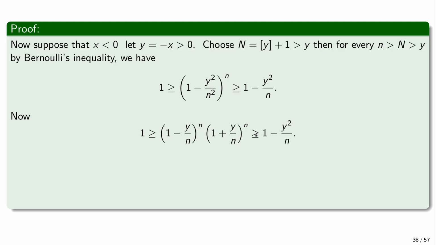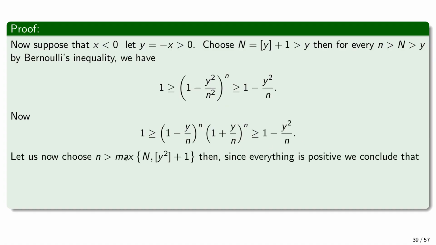And now using Bernoulli's inequality, this part is greater than this. Okay, now why am I telling you this? So choosing now n greater than the maximum of this n ensures that y over n here is going to be smaller than 1.